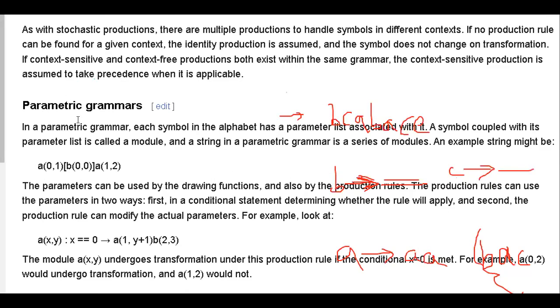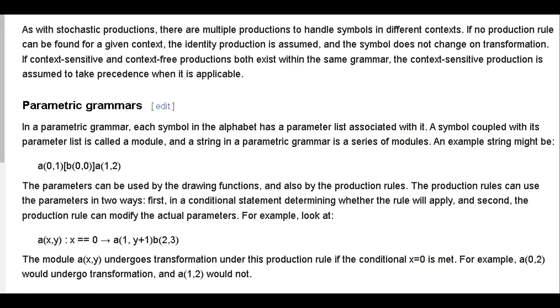And the other grammar is parametric. You can include a parameter into these variables, right? So like this here. This is the variable.